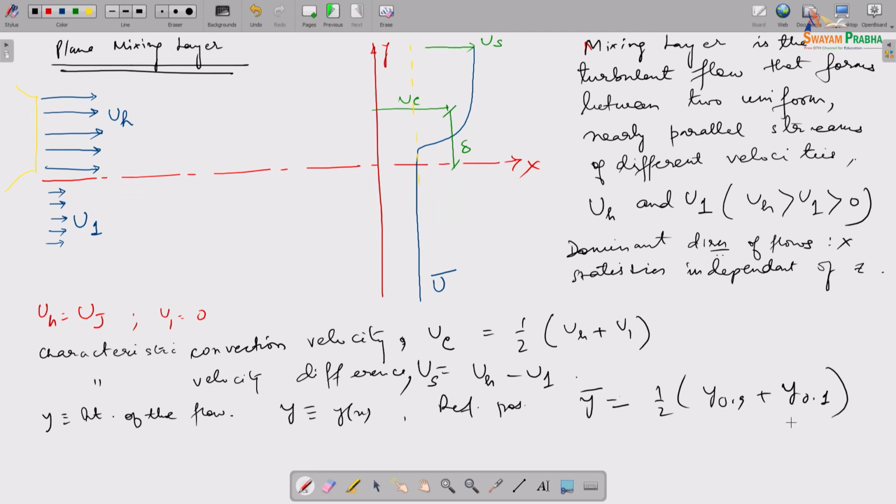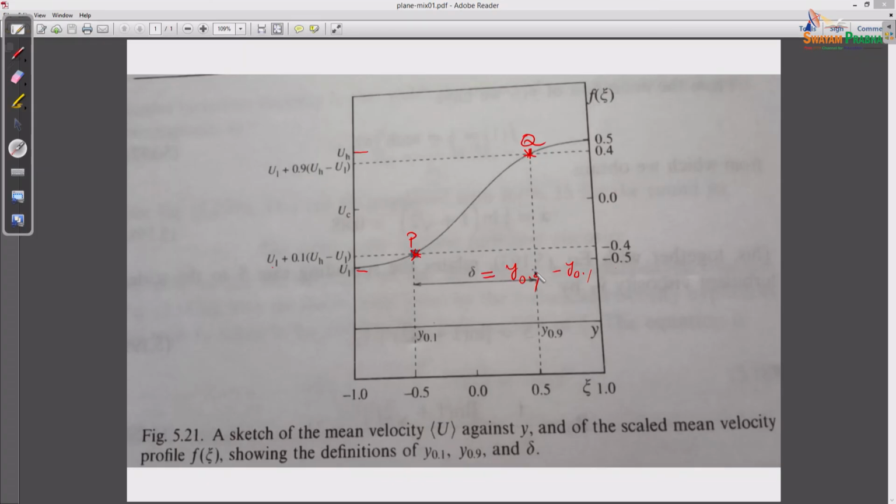So we take an average value of y, y at 0.9 plus y at 0.1, divided by 2. So that should be our y, that is the reference position.